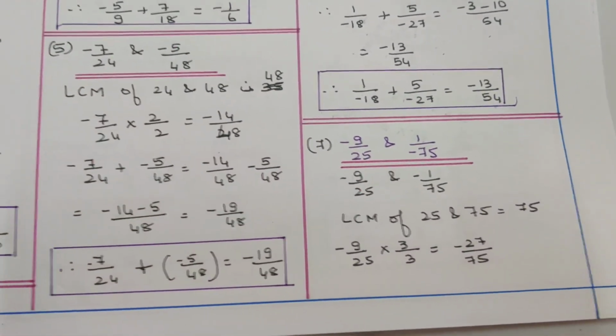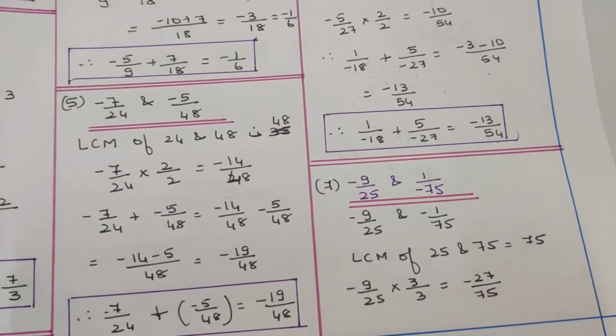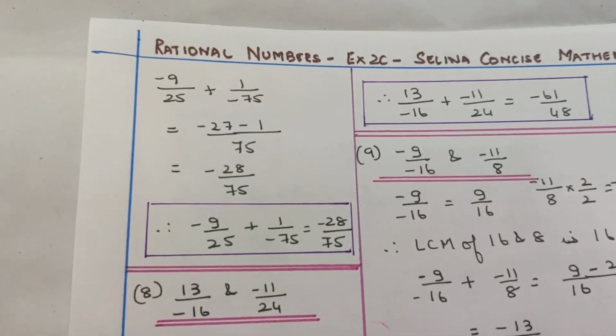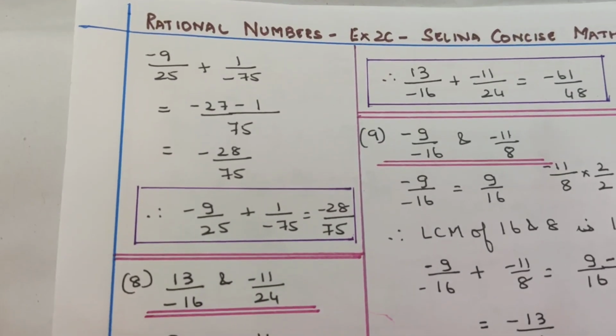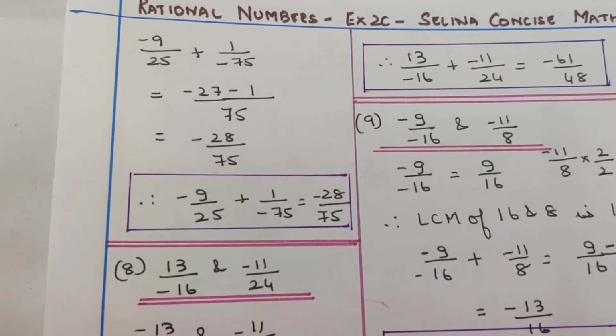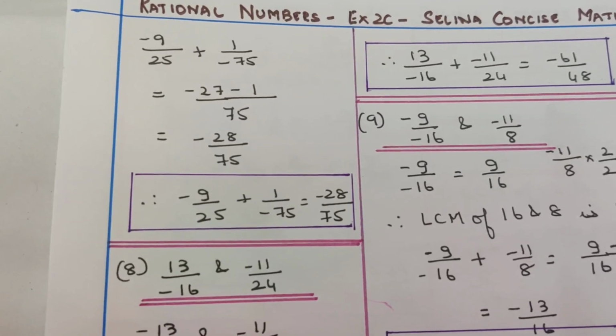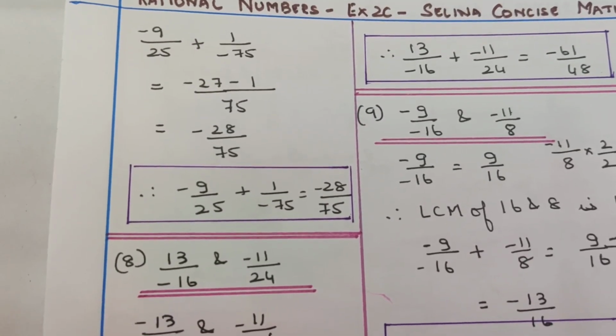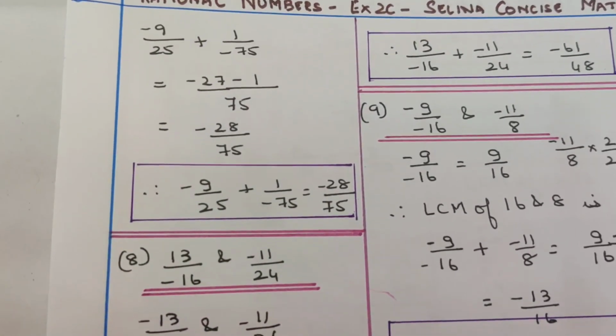So now you have two numbers with the common denominator, so you continue, and after you do the simplification, you get minus 28 by 75. Therefore minus 9 by 25 plus 1 by minus 75 is equal to minus 28 by 75. Simple, guys.